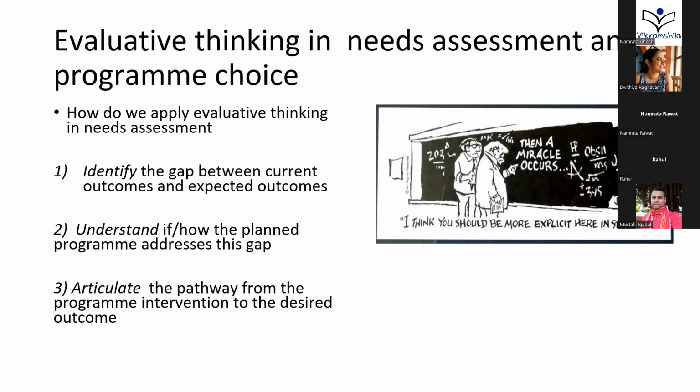What are the various influences the program is going to have that I don't necessarily have control over, or I may not be intervening in, and this is going to happen anyway. So we need to also try and articulate the pathway in which the program is going to achieve or is going to address the gap in the outcomes, right?